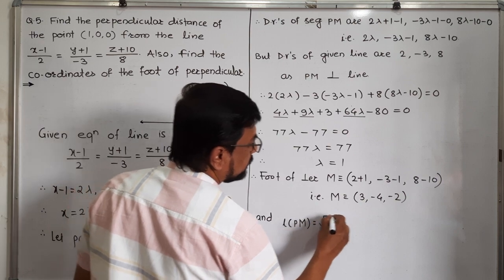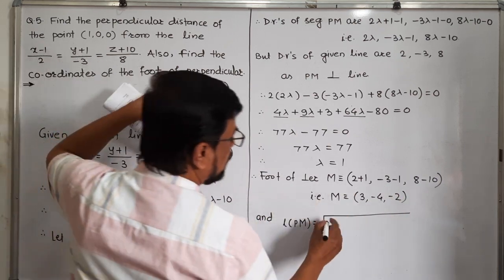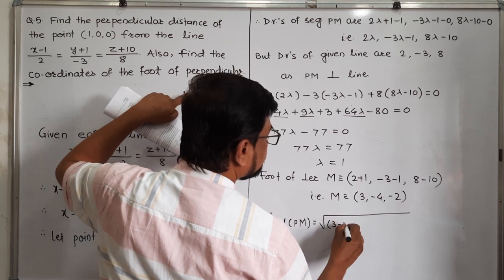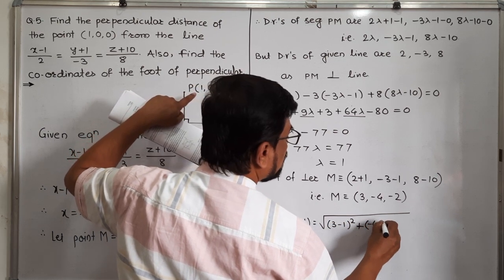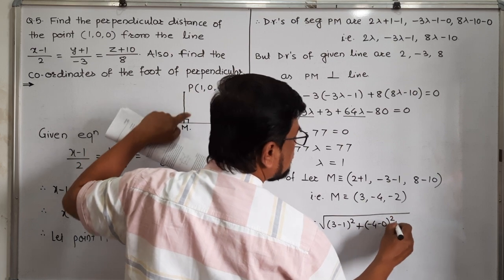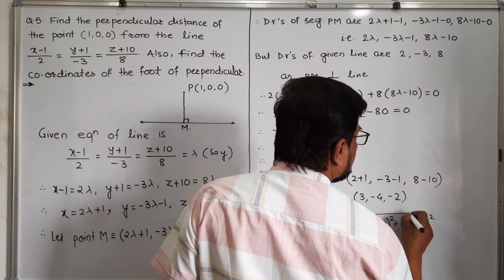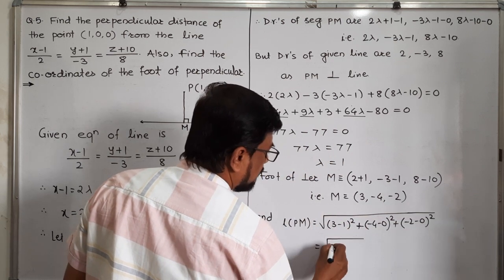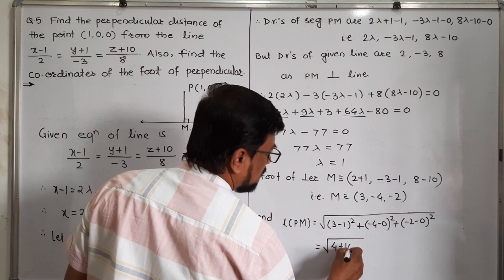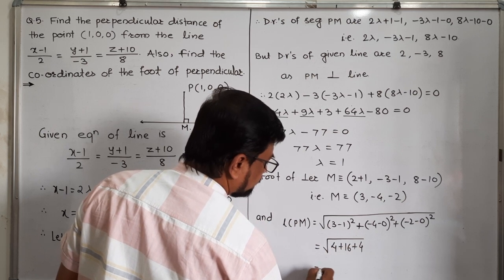Length of PM is equal to under root of, using the distance formula, (3 minus 1) whole square plus (minus 4 minus 0) whole square plus (minus 2 minus 0) whole square. That is equal to under root of 4 plus 16 plus 4, that is root 24.